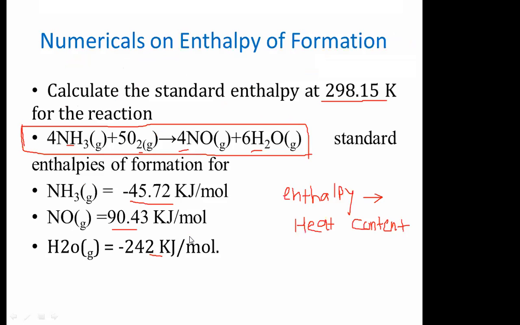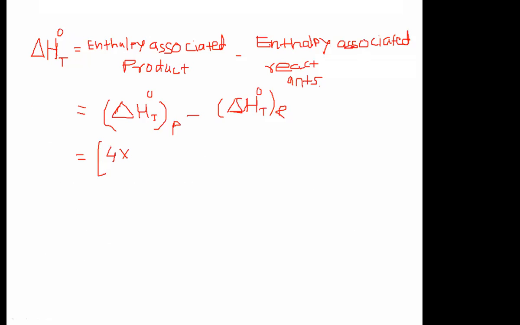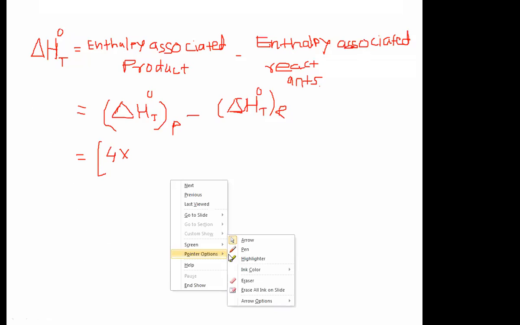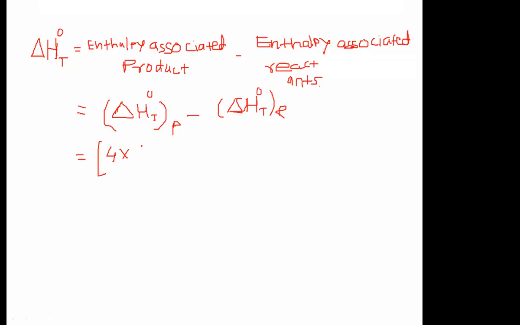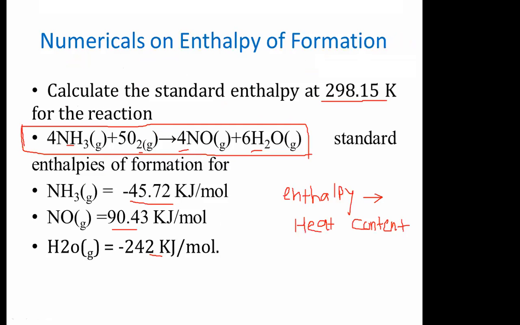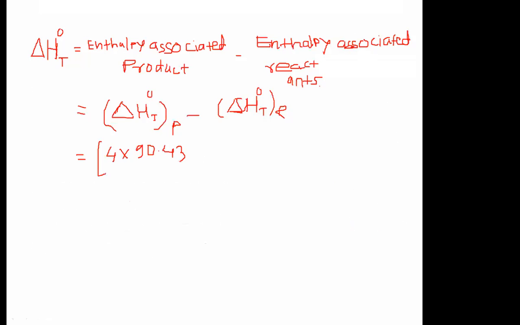How much is it given? 90.43. Okay. So 4 into 90, very simple. So it is only subtraction. 90.40 plus, what is H2O? 6 into minus 242.